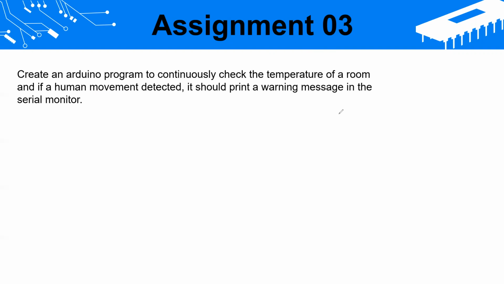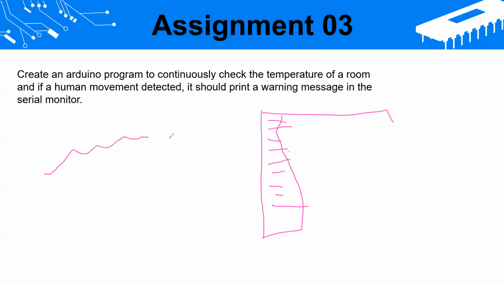No, we should keep checking the room temperature. You can't stop checking the room temperature. It should print 10 Celsius, 20 like that. It keeps checking the room temperature. If there is a person inside the room and he is moving, the PIR sensor is triggered.